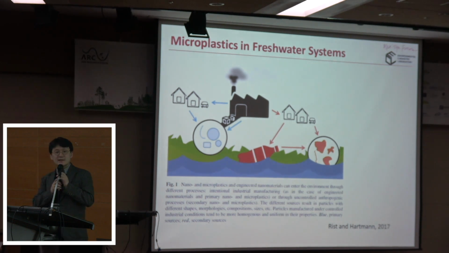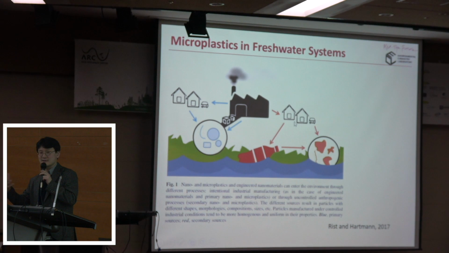Basically, like other contaminants in the terrestrial system, we have many different sources of plastics in the environment. Some come directly from industrial facilities, and we use plastic products in our plastic age, and human consumption of macro-sized plastic will eventually end up in the environment unless properly managed.